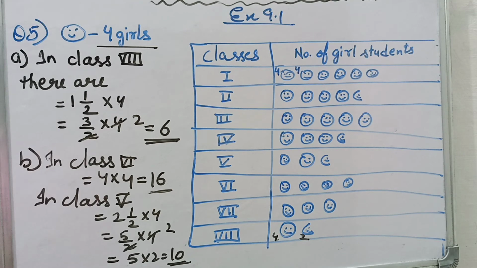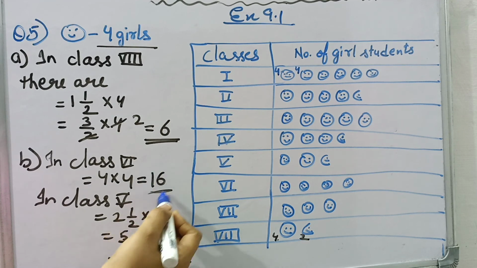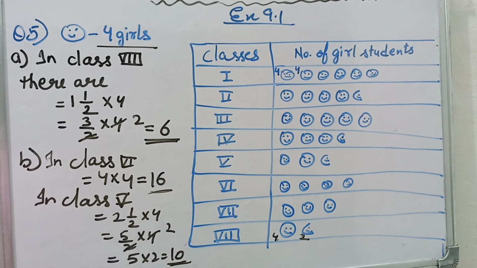So what will be our answer? They are asking, is the number of girls in class 6 less than the number of girls in class 5? But we can see that the number of girl students in class 6 is more than the number of girl students in class 5. So we will write no. Our answer will be no.